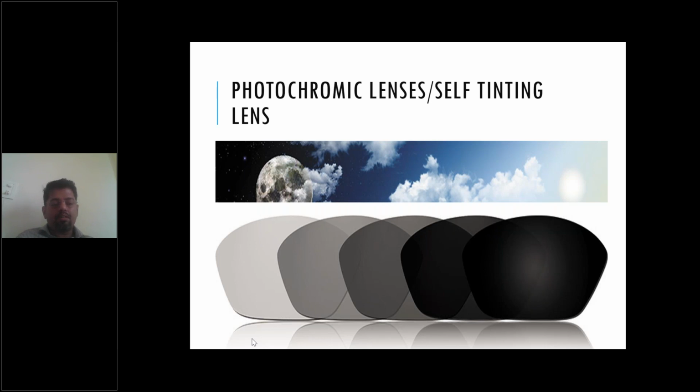Some companies want to play with the words. Transition is a new term coined, I think, by Essilor only. It will transit from being a transparent lens to being a black lens. It will transit itself, so that is why they are called transition lenses.